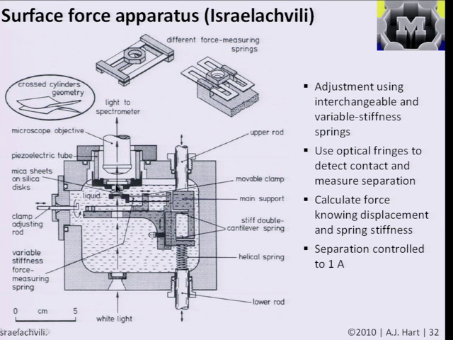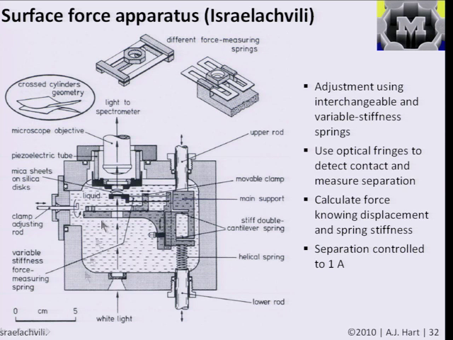he can measure the separation between the two surfaces if they're thin films on transparent cylinders vertically, and then by having the bottom cylinder mounted on very flexible springs, and you can change the spring design based on what you want to do, he can measure the attractive force between the two.